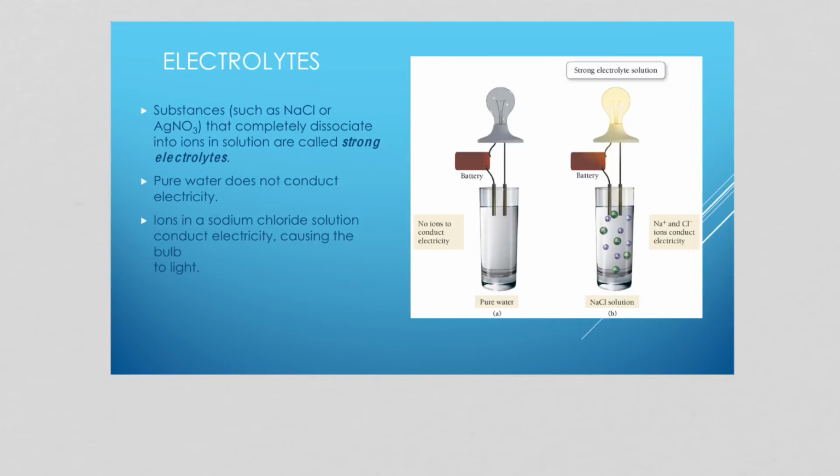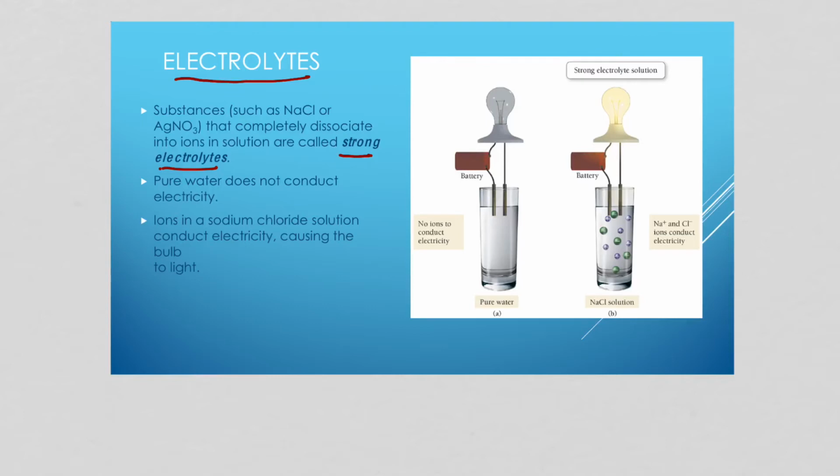A solution that contains dissolved ions is called an electrolyte. So when you have these ions floating around in solution, they create what we call electrolytes, or sometimes we just call them strong electrolytes. Now, what does that mean?